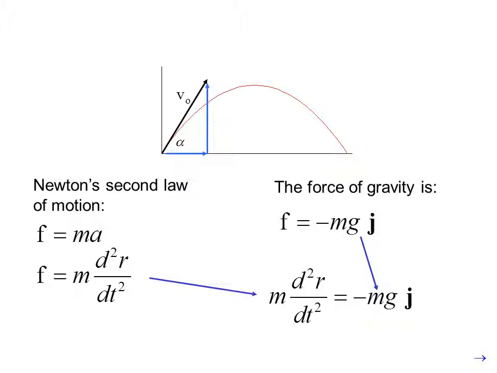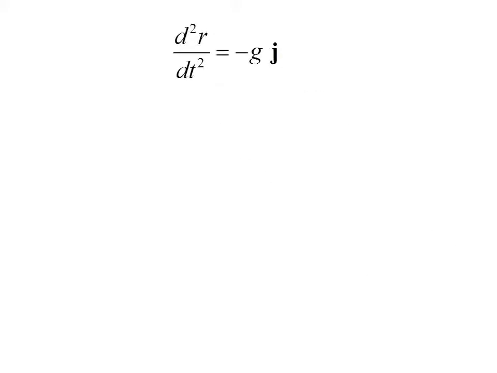So we set these equal to each other, and we have m d squared r over dt squared equals negative mgj. Since we have mass on both sides of the equation, we can cross out mass. So the second derivative, d squared r over dt squared, equals negative gj. And this is in the vertical direction.